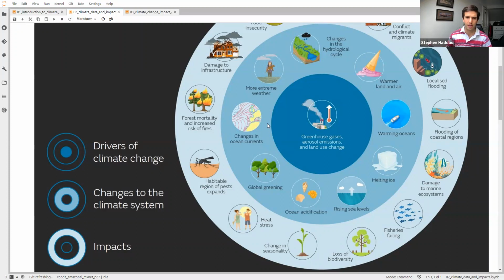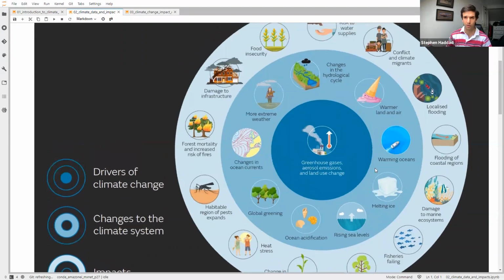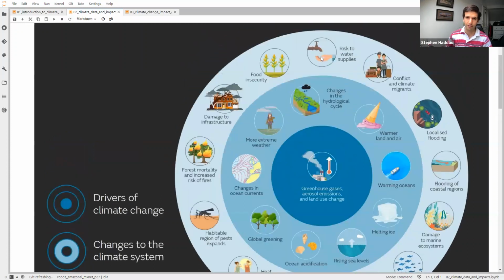And how might these changes to the climate system impact humans? So, for example, from increases in extremes of wetness and dryness, we have risk to water supplies, risk to food. From an increase in frequency of extreme weather, we have damage to infrastructure.